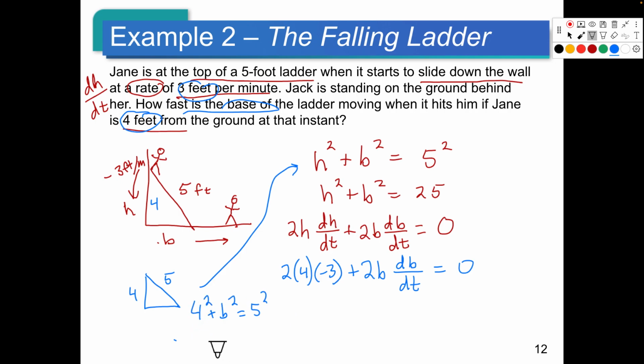So 16 plus b squared equals 25. You're going to subtract 16 from both sides, so that will cancel that out, right? You'll get that b squared is 25 minus 16, which is 9. b squared equals 9. Square root of both sides, b must be 9, right? Or b must be 3. Square root of 9. Yeah, so don't go too fast, you'll mess up. So b has to equal 3.